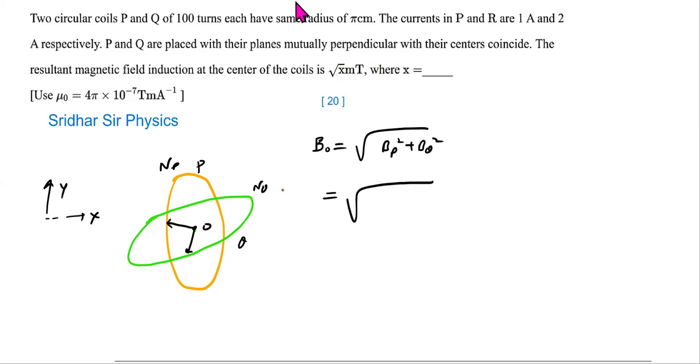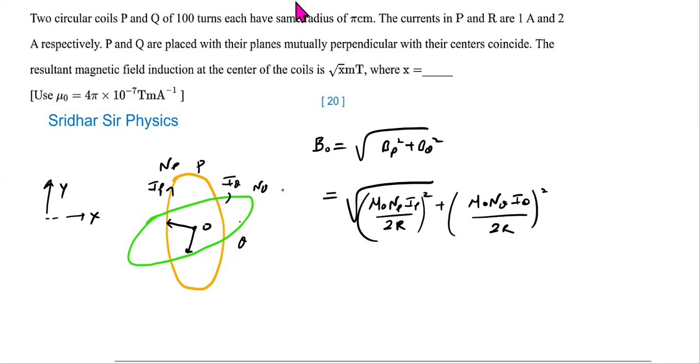BP is mu naught N I by 2R, with number of turns NP, carrying current IP, and BQ is mu naught NQ IQ by 2R, with the same radii.